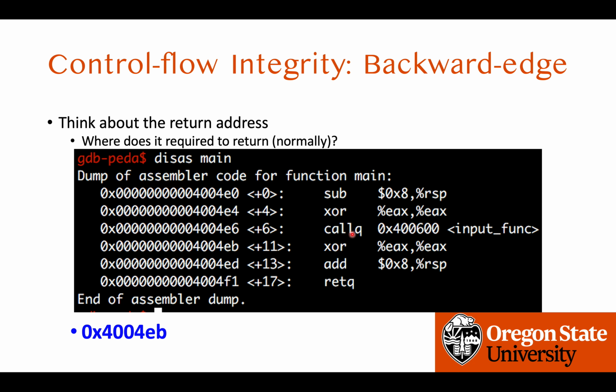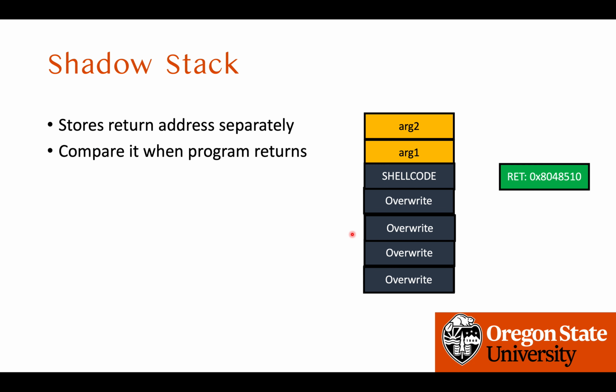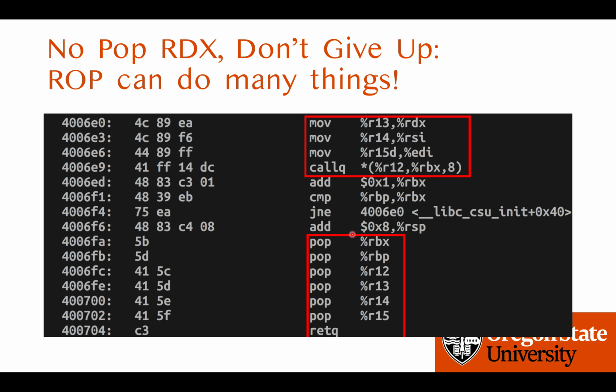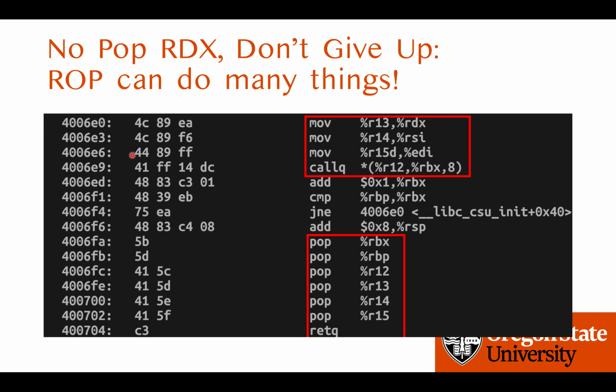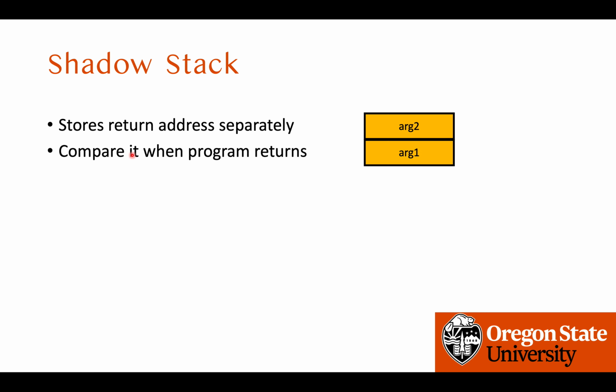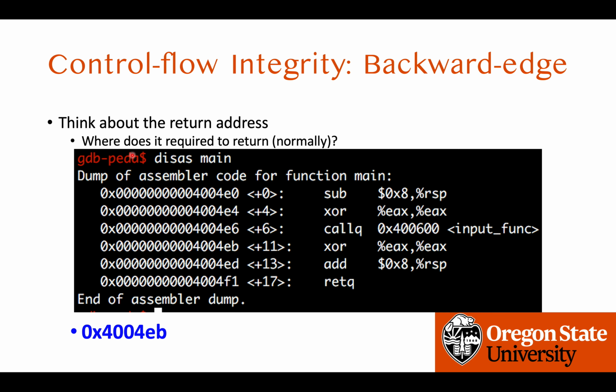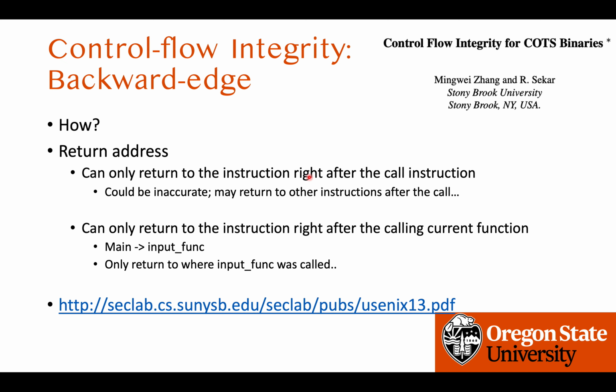By doing that, we can defeat the reuse of this kind of ROP gadget, because if these are not right next to the call instruction, then one cannot use them as the return address target. So by placing that kind of simple property, we can defeat a lot of attacks.